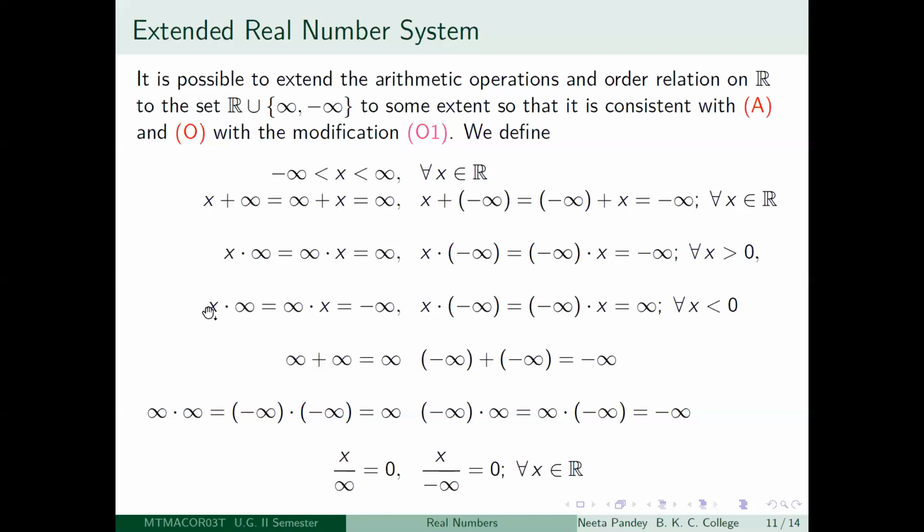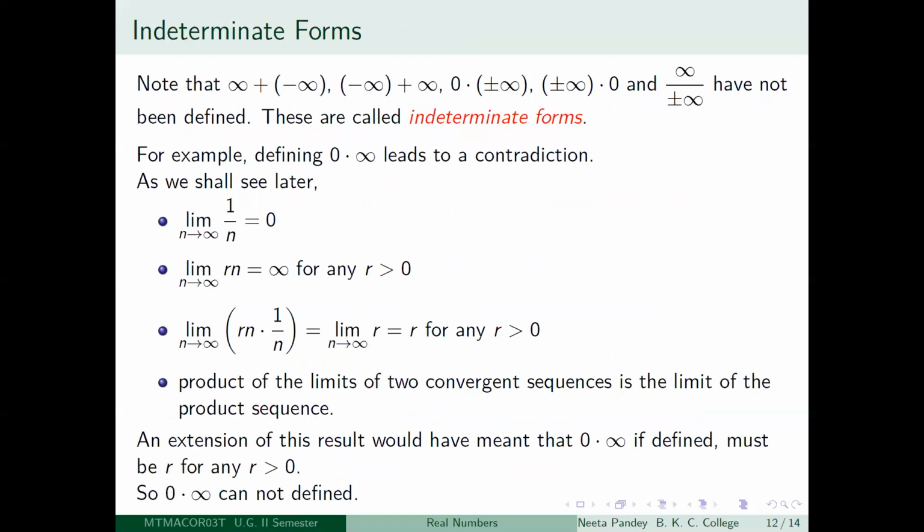We have left out what is the meaning of infinity plus minus infinity. And we have also left out what is the meaning of 0 into infinity. What turns out is that we actually cannot define these things. So we cannot define what is infinity plus minus infinity, and also the inverse of this, that is minus infinity plus infinity.